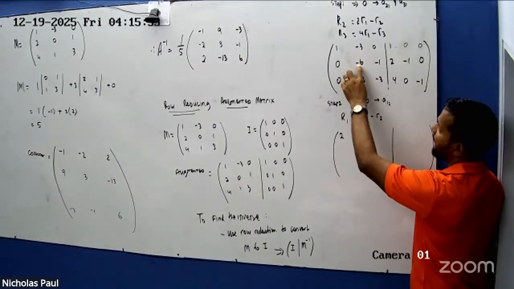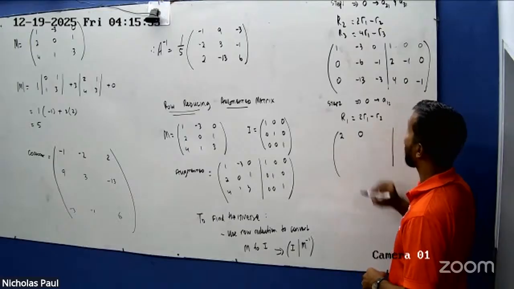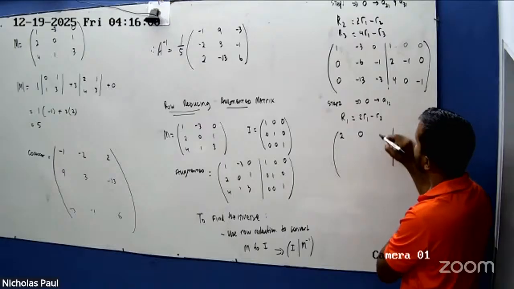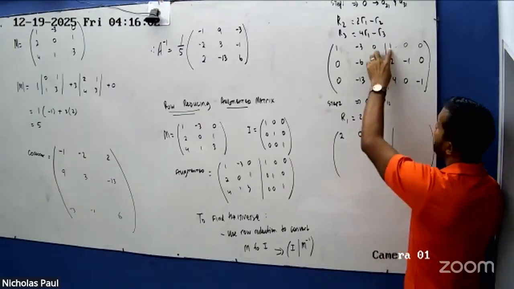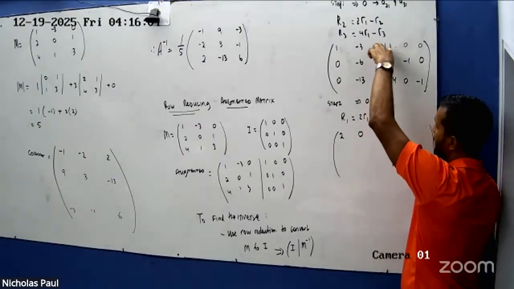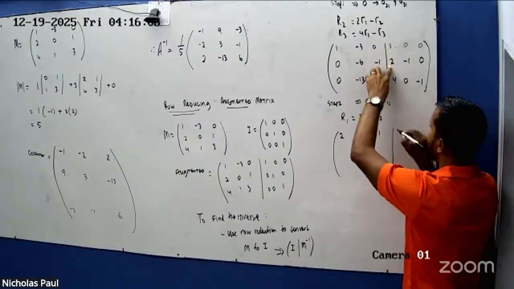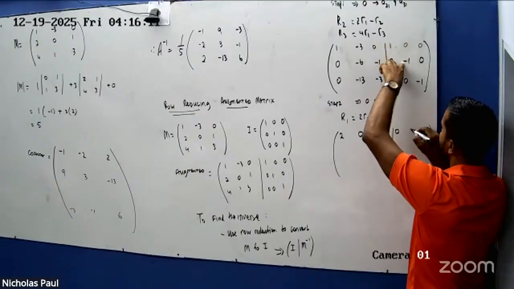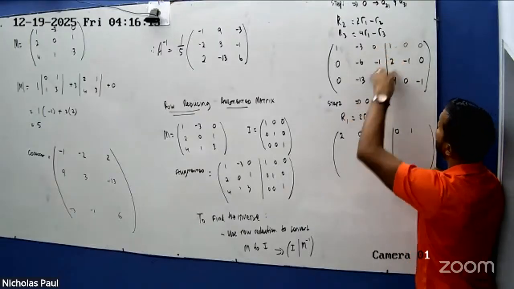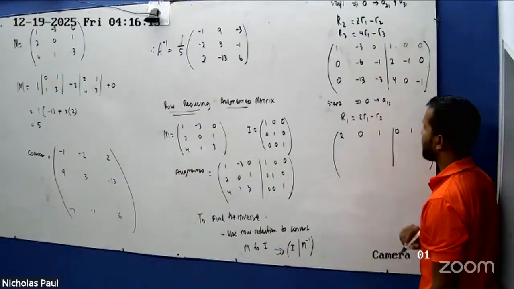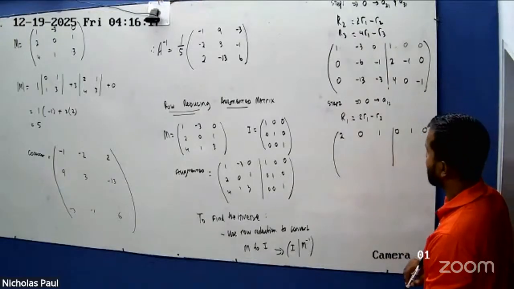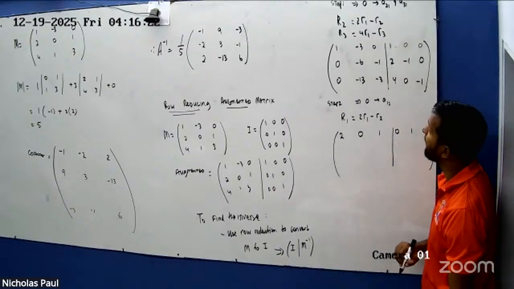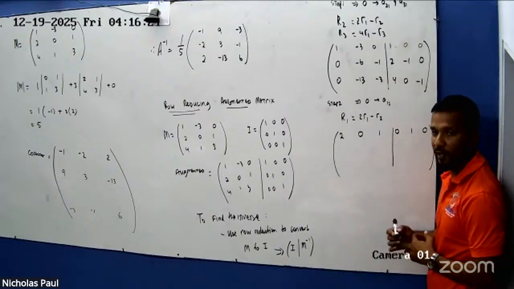Minus 6 minus 6 is 0. 2 by this is 0. 0 minus 1 is 1. 2 by this is 2 minus 2 is 0. 2 by this is 0 minus 1 is 1. 2 by this is 0 minus 0 is 0. I didn't focus on getting a 0 there.